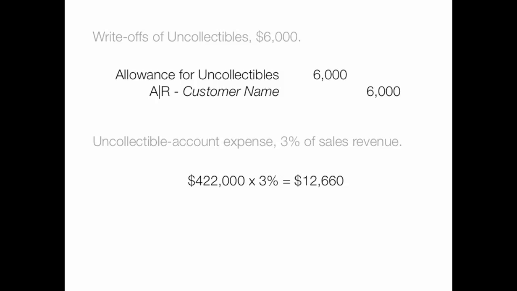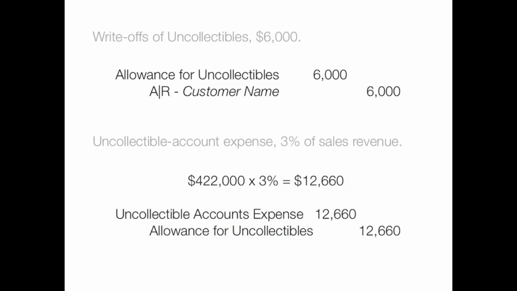That's telling us that our uncollectible account expense for the period would be $12,660. So to journalize that, we would debit our uncollectible account expense for the $12,660, and we would credit the allowance for uncollectible accounts, $12,660.